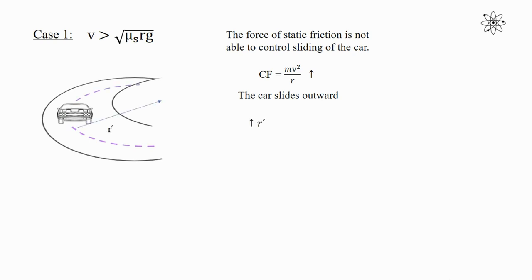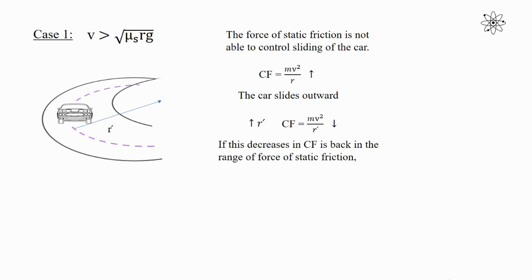And because of that, the centrifugal force again decreases. If this decrease in centrifugal force is back in the range of the force of static friction, that is from 0 to limiting force, then again the centrifugal force gets balanced with the force of static friction. That is, the car starts moving along a curved path of an increased radius r dash.